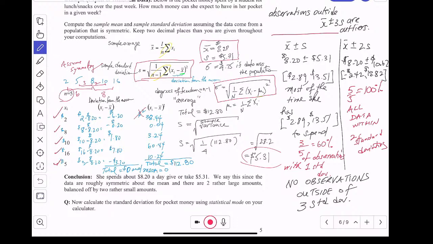And in this case, there are none. It's a very tight distribution. Any questions?